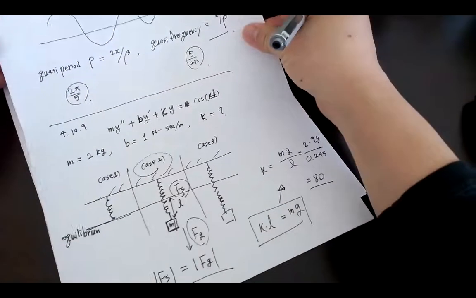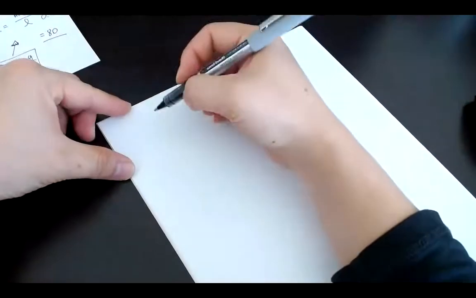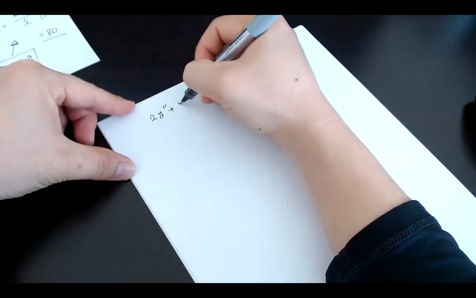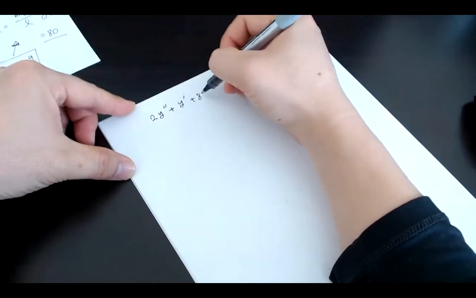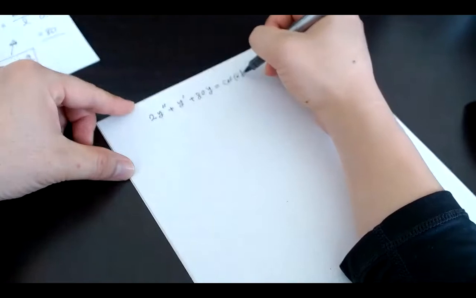Now, next, we got 2y double prime plus y prime plus 80y equal to cosine 6t.